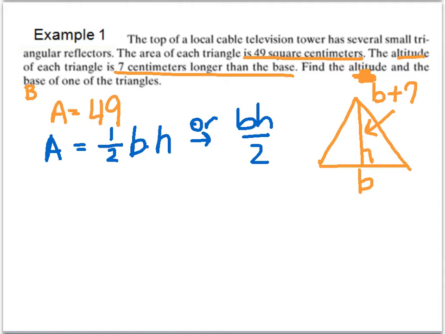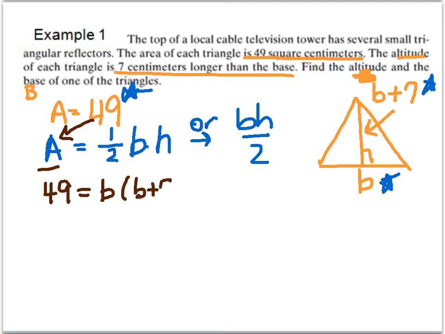So using the information I've been given, the 49, the base, and the altitude, I'm going to plug those into my formula for B, H, and A. In for my area, I'm going to put 49. My base is still B. My height is B plus 7 for the altitude. So times B plus 7, all divided by 2.